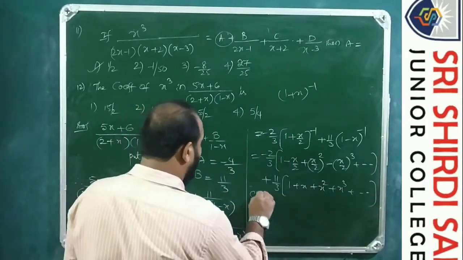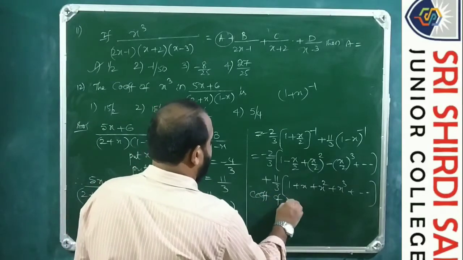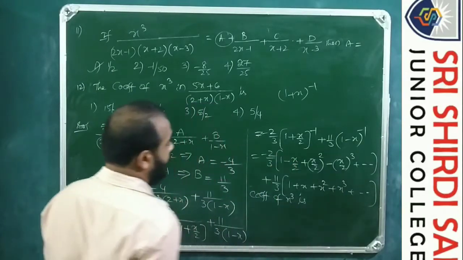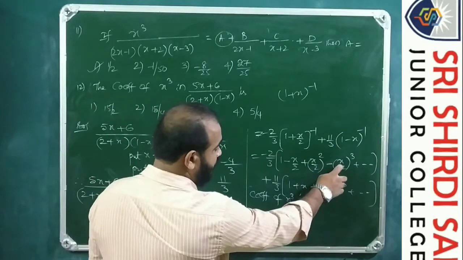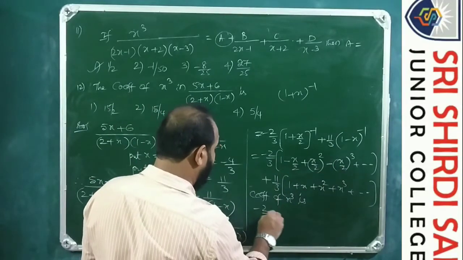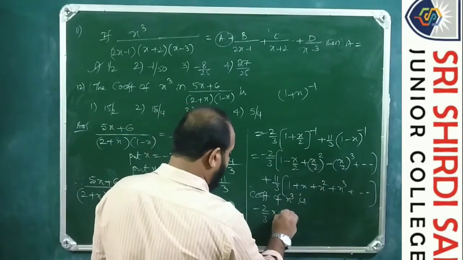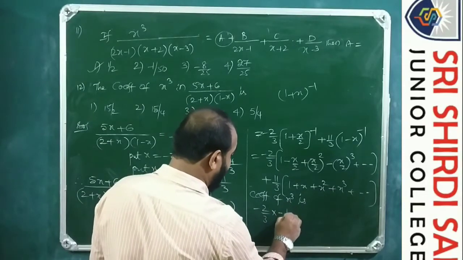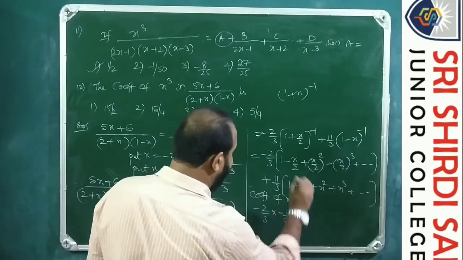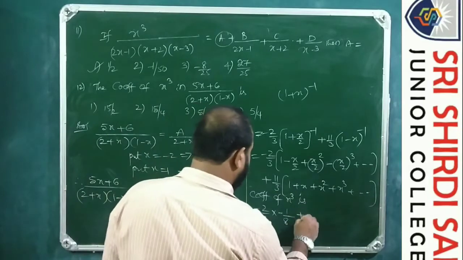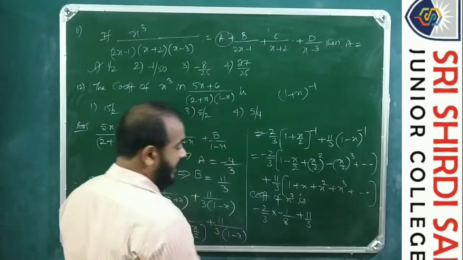So therefore the coefficient of x cube is, here the x cube quotient is this, so minus 2 by 3 into minus 1 by 2 cube, which is 8, plus 11 by 3 into the x cube quotient, which is 1.